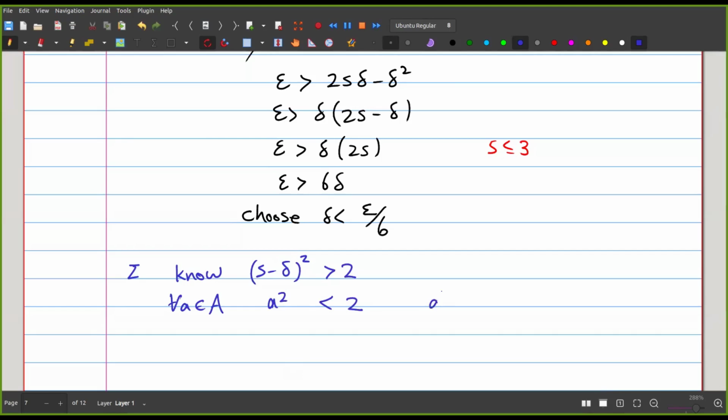So this means that a squared is less than (S minus delta) squared, which means that a is less than S minus delta. So S minus delta is an upper bound on my set A, which means that S was not the smallest upper bound, S was not the supremum. This is again a contradiction.